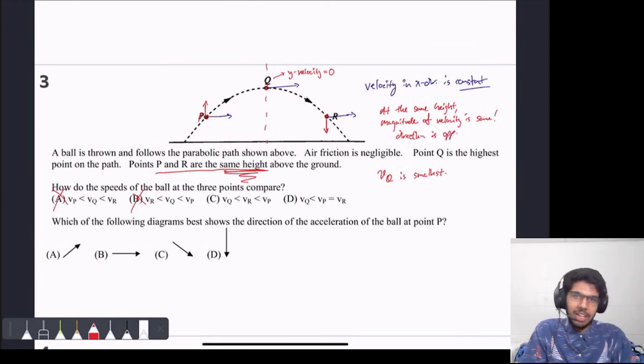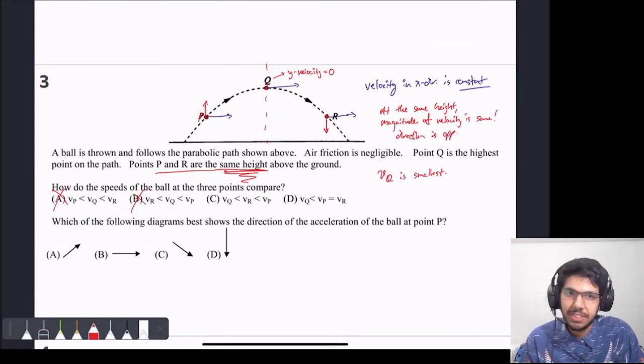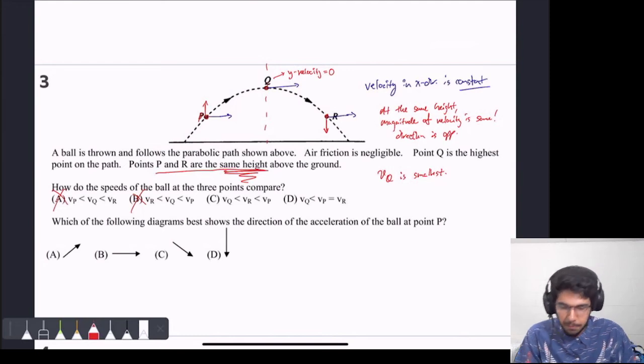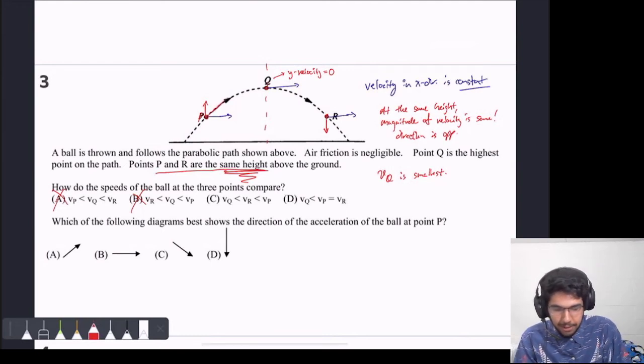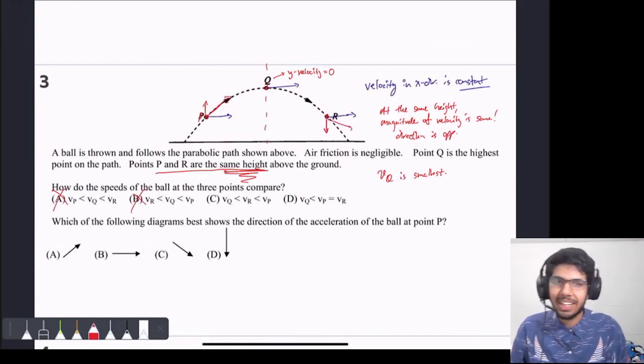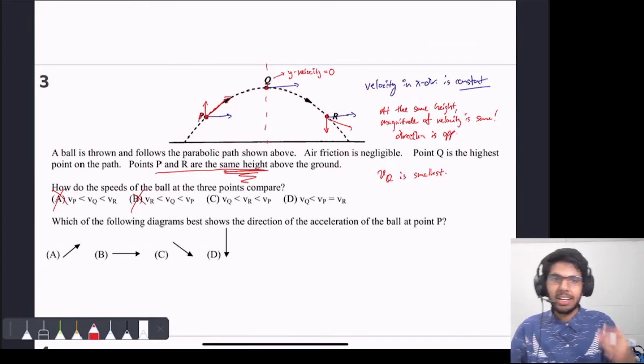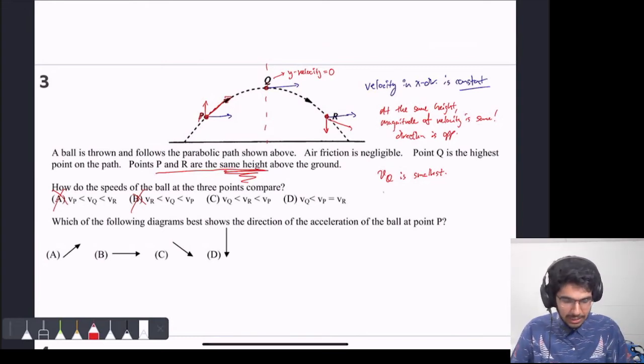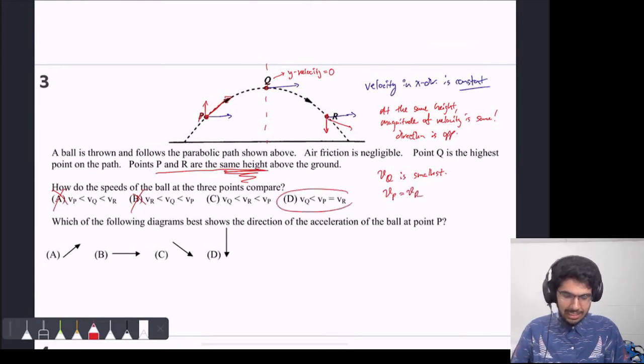But right now we don't care about the direction, we just care about the magnitude. How much is the velocity in the y direction? Because we're going to be computing the net vector anyways, right? We're computing that regardless. We just need to know the size of the y component. And it's the same. So that means VP equals VR, which means D is our answer.